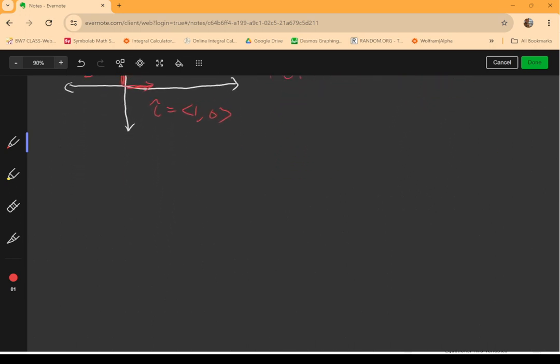Now what we want to do here is find a unit vector in the direction of a given vector. So let me write that down. I want to find a unit vector in the direction of V, which is (3, 4).